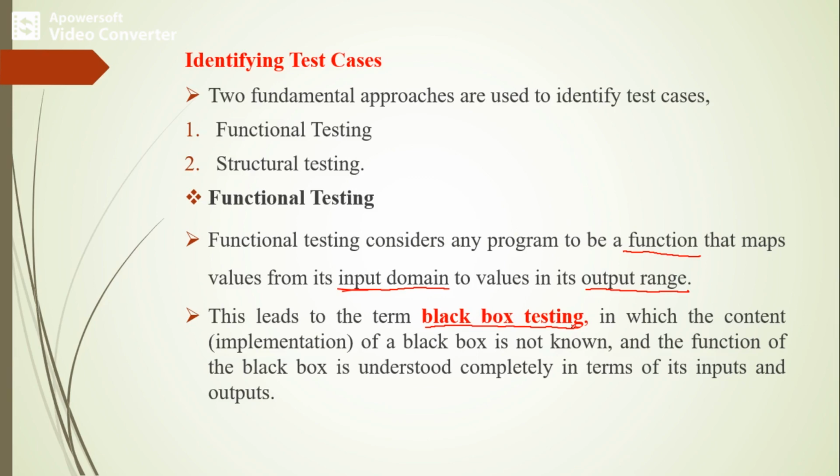Based on the input, he will expect the output result. Based on the input parameter list and output parameter list, he will test that particular system, product or software. But he does not know the content used to implement that software, or the tester will not bother about the implementation part.